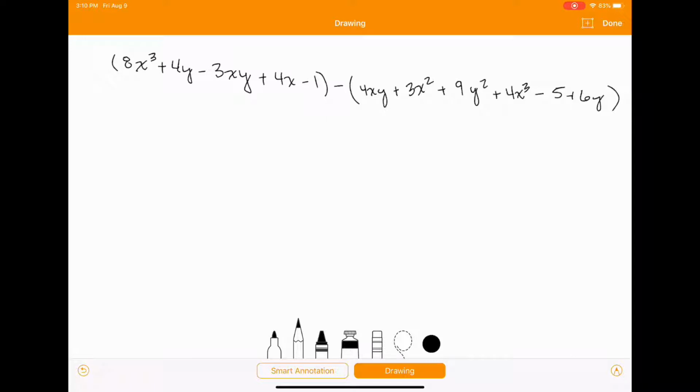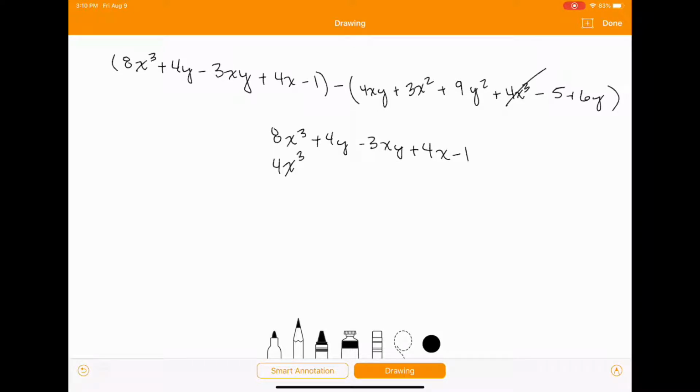Again, you're just going to set this up. So 8x cubed plus 4y minus 3xy plus 4x minus 1. And then again, line up your like terms. What I like to do is cross them out once I've written them down so I make sure that I don't forget anything. So we look and we've got 4x cubed.